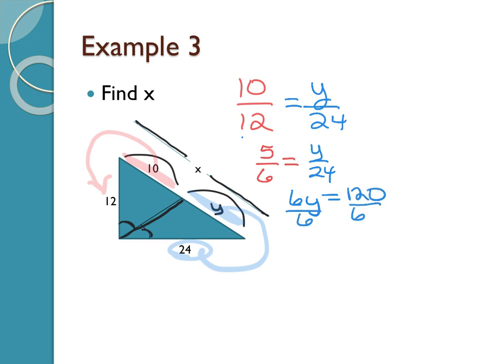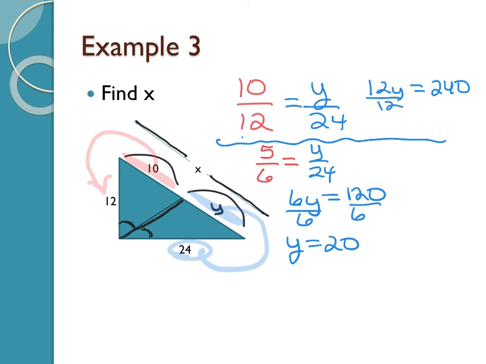Divide by 6, and y equals 20. Now, if I would have solved it without simplifying, I would have gotten 12y equals 240, divide by 12, and y still equals 20. Either way.